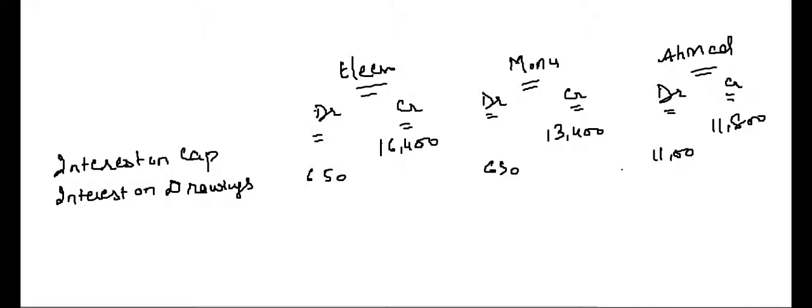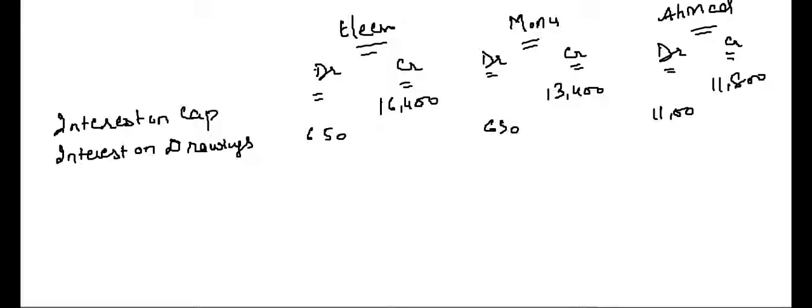Now the profits have been wrongly credited to the partners. Profits of 40,000, without providing for interest on capital and drawings, were distributed among the partners and credited to the partners' capital accounts. Now we will debit that: 20,000, 10,000 and 10,000. Now what are the actual profits to be distributed?